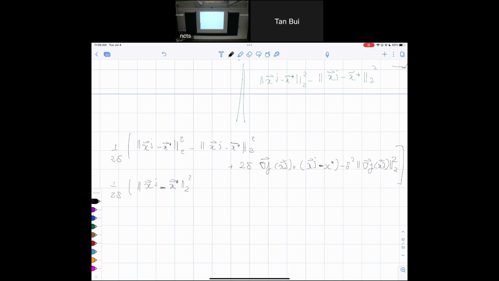So I think this is what you mean, right? Because this is just A. Doesn't matter which one is A, right? This is minus A squared, this is plus 2AB, and this is minus B squared, right? I just have the minus here, of course.